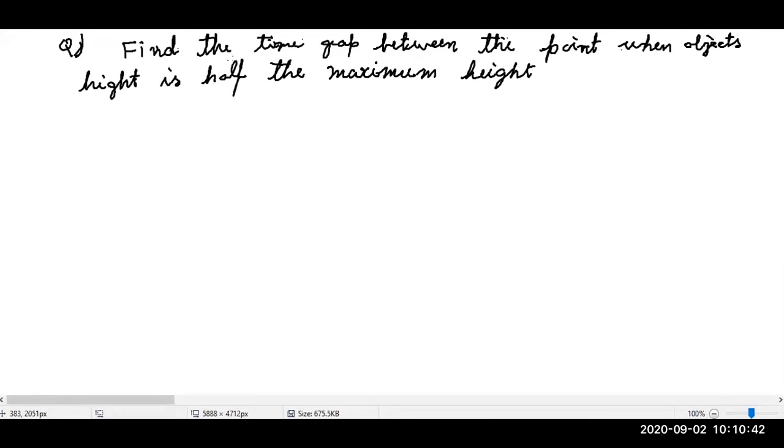Find the time gap between the points when object height is half the maximum height.